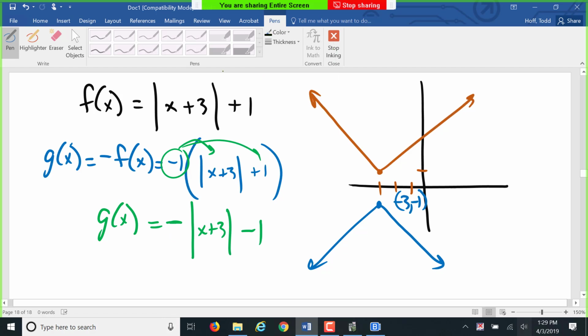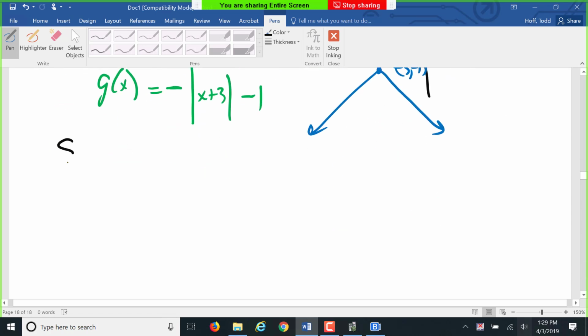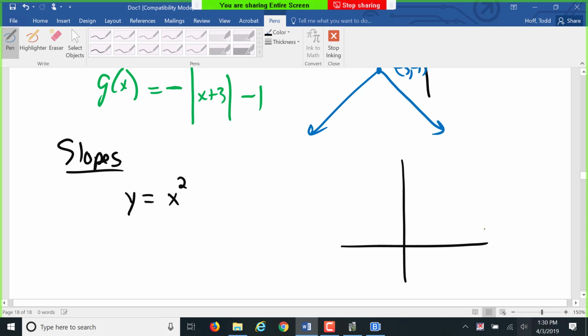I need to talk a little bit before we run out of time here about slopes for both parabolas and for the absolute values. Let's look at the parabola. We started out with y equals x squared. The vertex, of course, is at the origin, (0, 0). And we said to find the other points, if you move over 1, 1 squared is 1, so you go up 1.